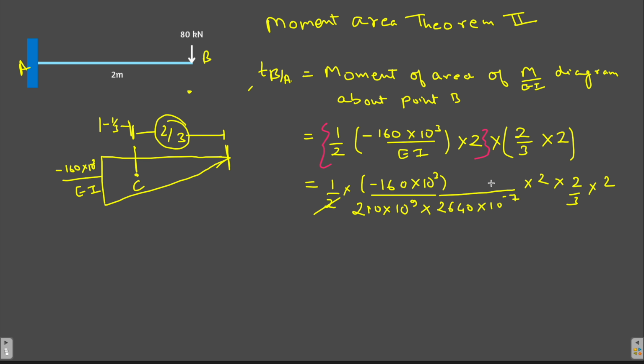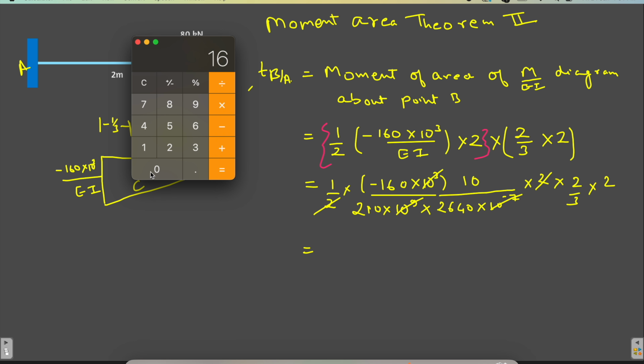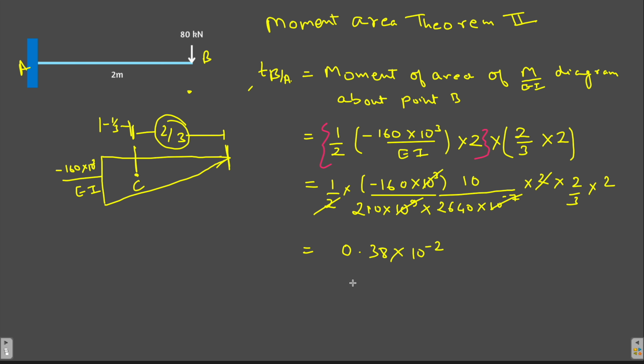So this 2 and this 2 will be gone. 10 to the power minus 9, 10 to the power minus 7 will be gone, you will be left with 10 to the power 2. Then 10 to the power 2 and 10 to the power 3 will be gone, and you will be left with 10. So you are getting the answer as 0.38 into 10 to the power minus 2.